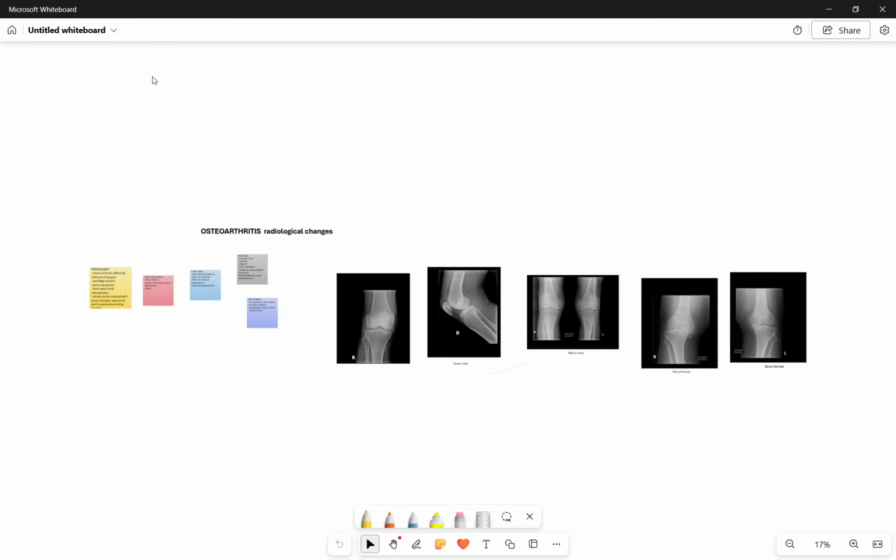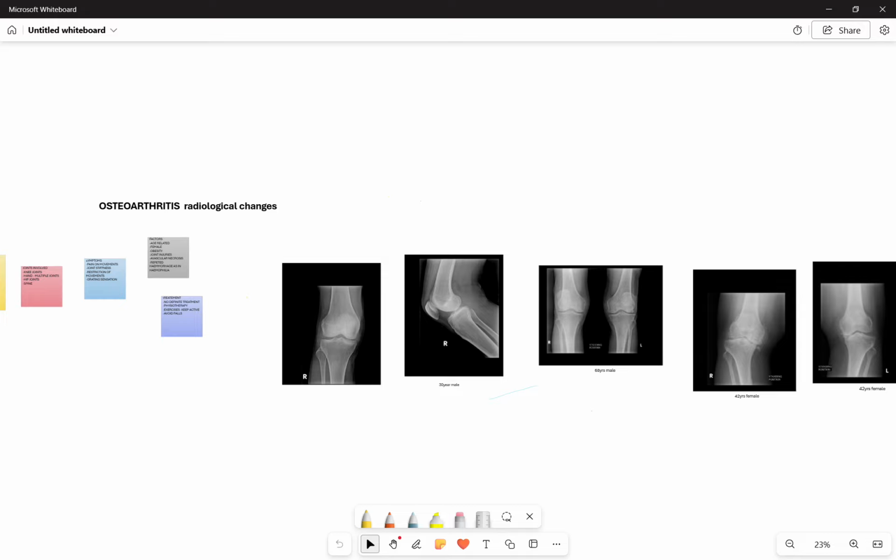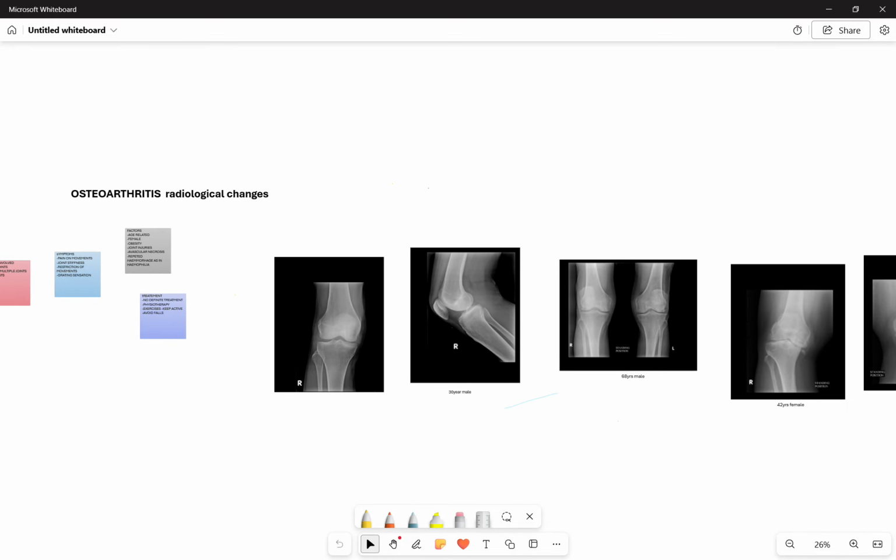Bismillahirrahmanirrahim. This presentation is regarding osteoarthritis changes, particularly the radiological changes which happen in the bone. Now, osteoarthritis is one of the commonest knee joint and other joints pathology.